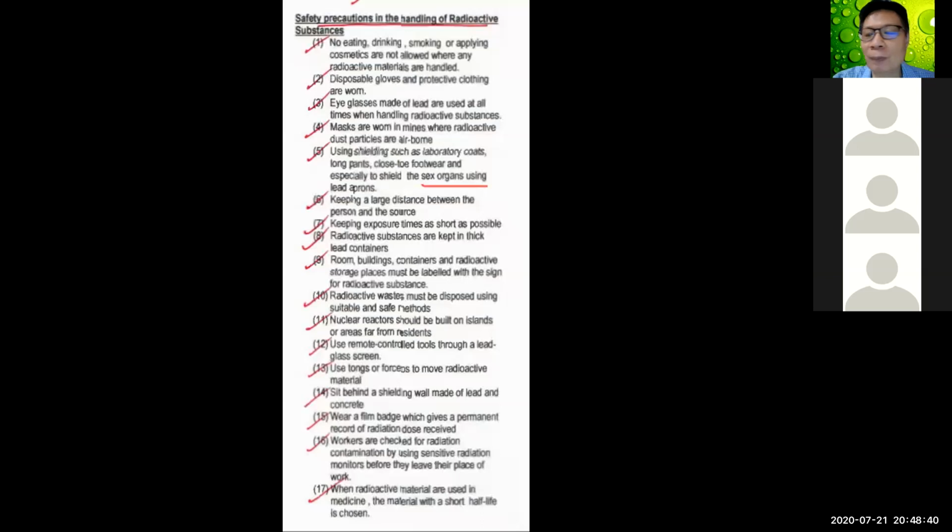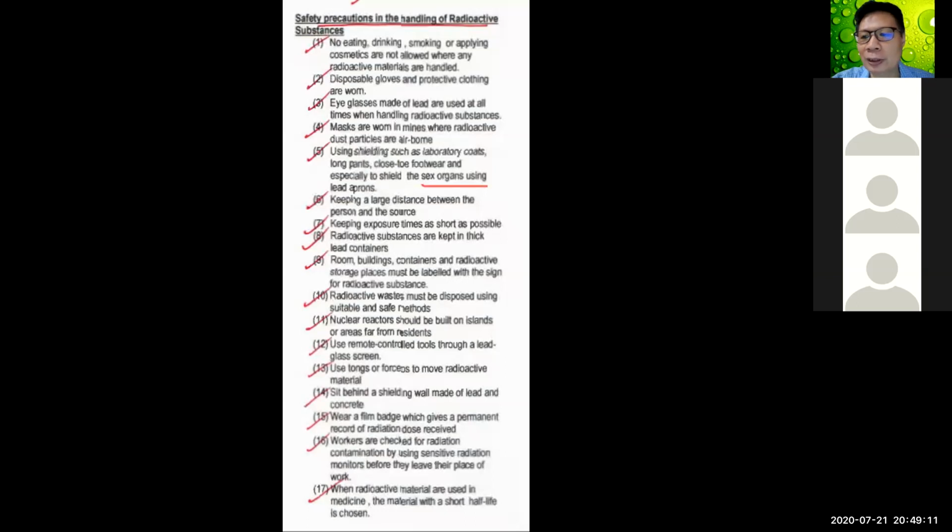Wear a mask, or one only. Two more. Xin Fei, wearing a mask, correct? Yes. Two more. Wearing a mask is one. Two more answers, Xin Fei. Using shielding, correct. Shielding, a concrete wall, a lead wall, to block.